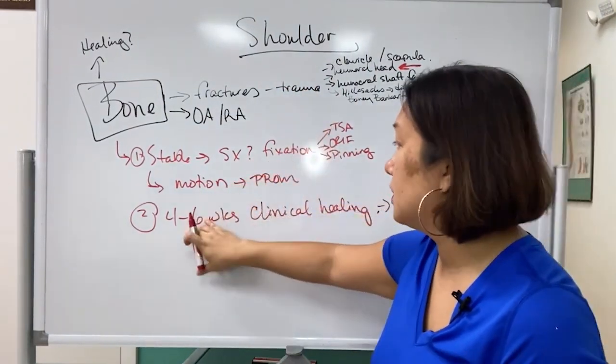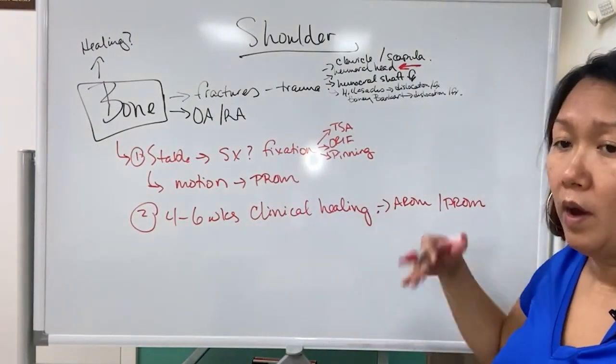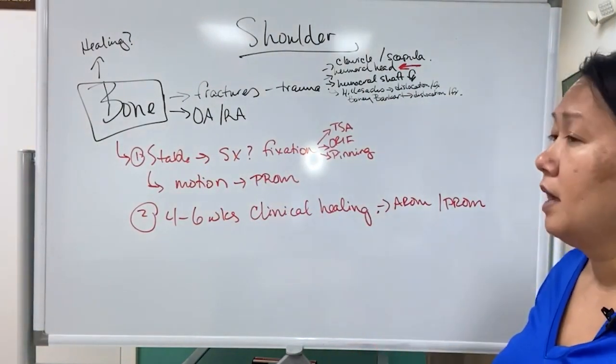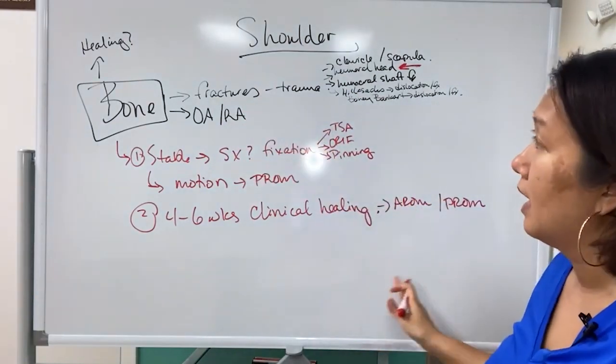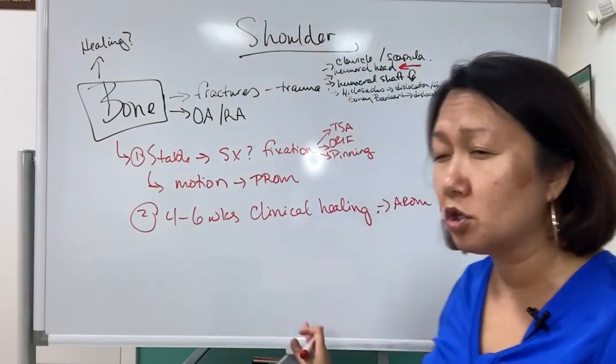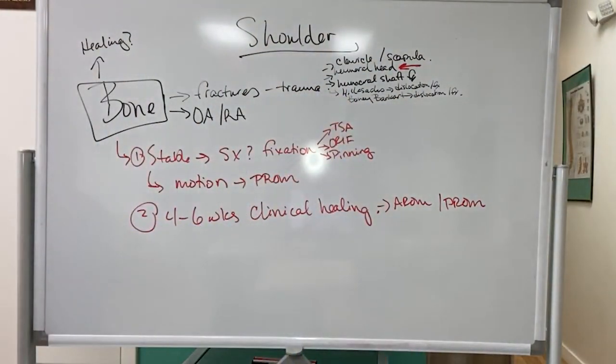But then after about 4 to 6 weeks, because the bones are healed, then you can start to move it more actively, right? And go beyond like that 90-degree or anything like that. And I'm talking specifically if it's just a fracture, correct? No one would consider other things when it becomes a dislocation or soft tissue injury.